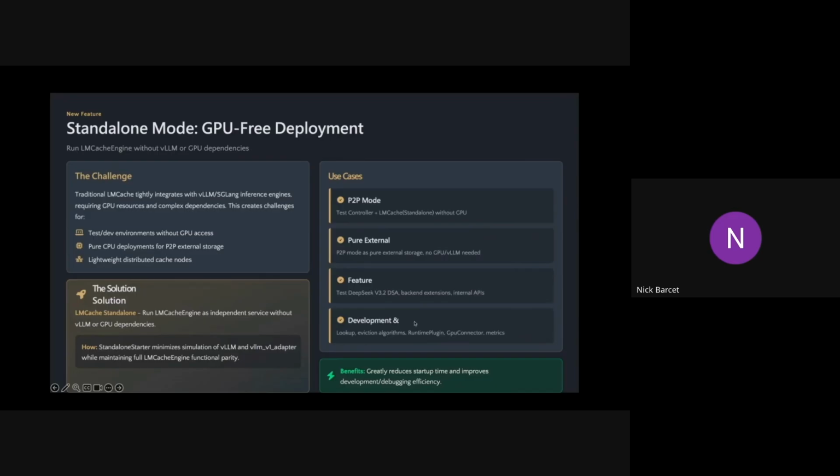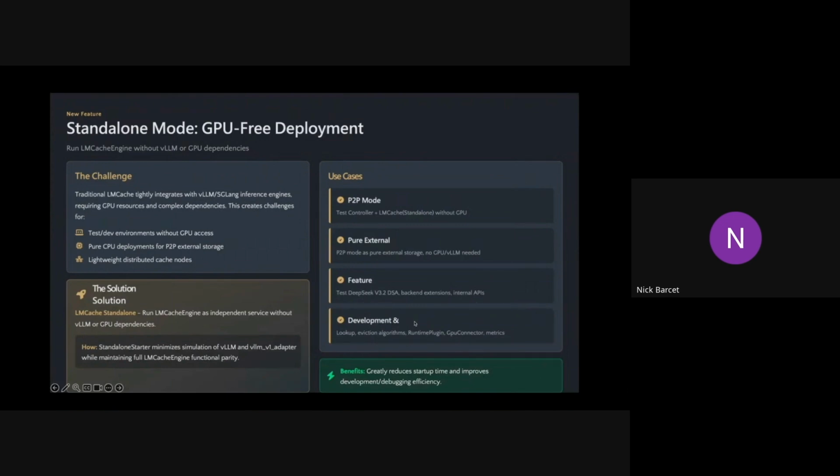Use cases include, first, validating P2P mode by testing controller plus MCache standalone without GPU. Second, P2P as pure external storage without GPU or VLLM. Third, validating DeepSeek v3.2 DSA features.